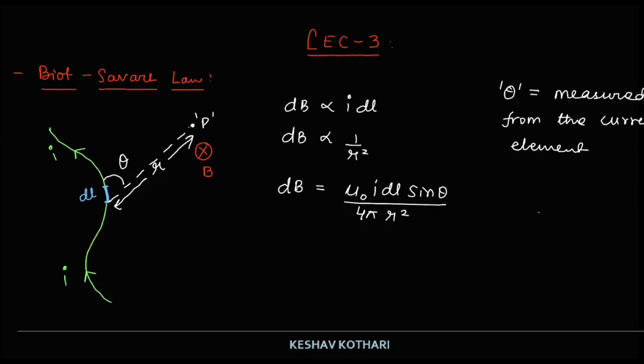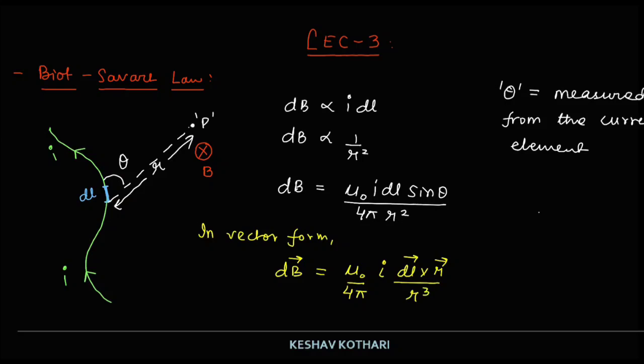So we can express the Biot-Savart law in vector form. If I write this equation in vector form, we can state it as dB vector is equal to mu naught upon 4 pi I dl cross r upon r cube.